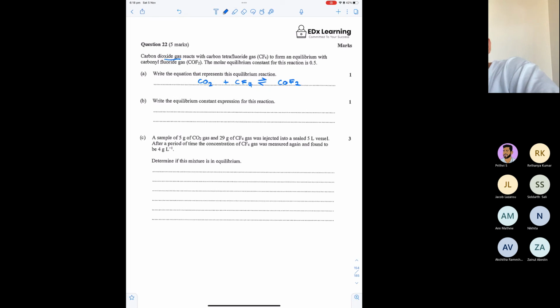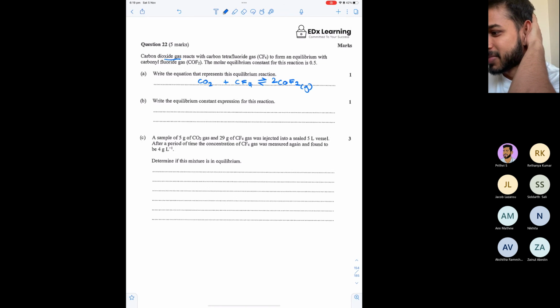Let's go to, has anyone balanced it already? Good, Anne, what's a balanced equation? Is it just the 2 in front of the COF2? Good, yeah, that's quite straight. Good job. Everything is gaseous.